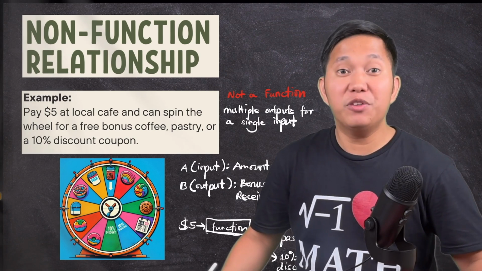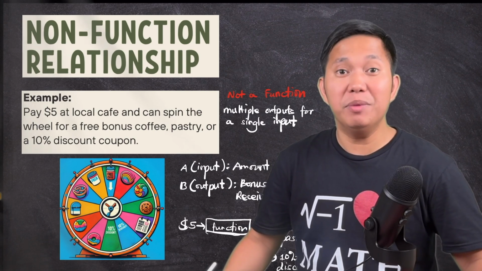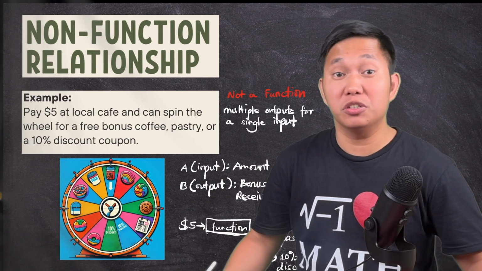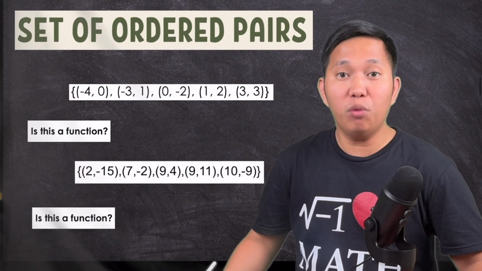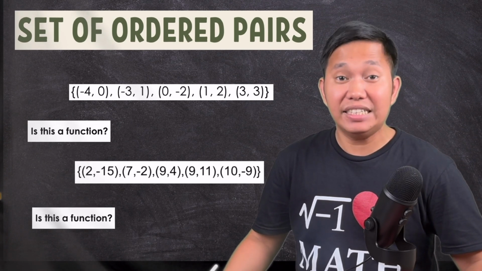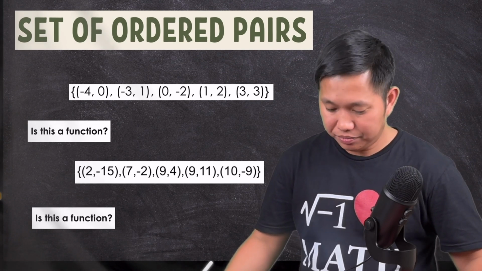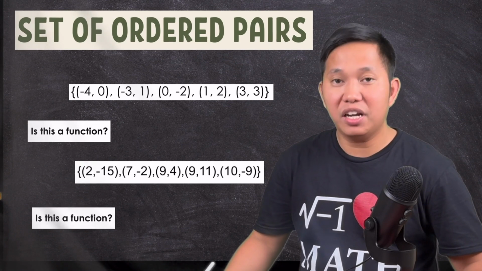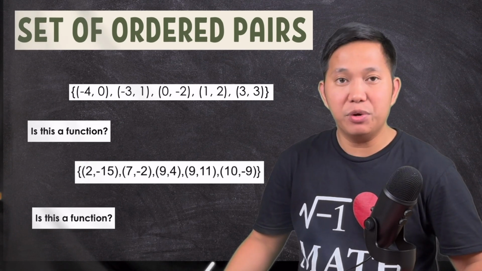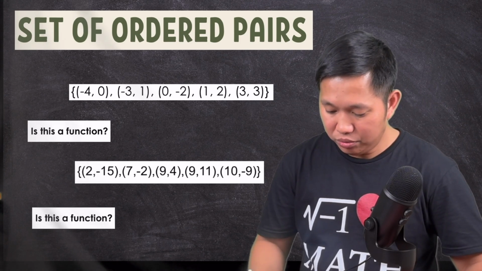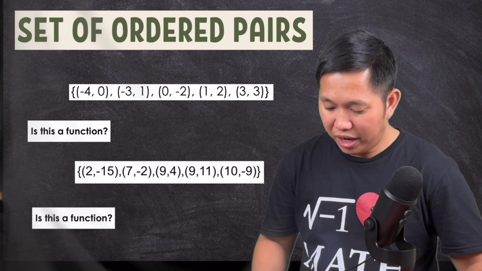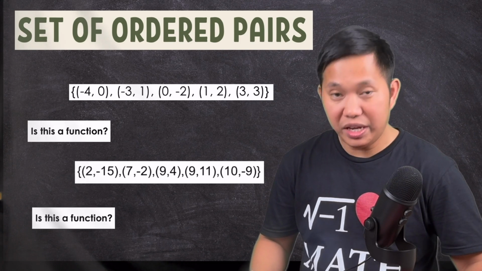We have 4 different representations to determine if a given relation is a function or not. The first one is using the set of ordered pairs. Consider the set containing the ordered pairs (-4, 0), (-3, 1), (0, 2), (1, 2), (3, 3).